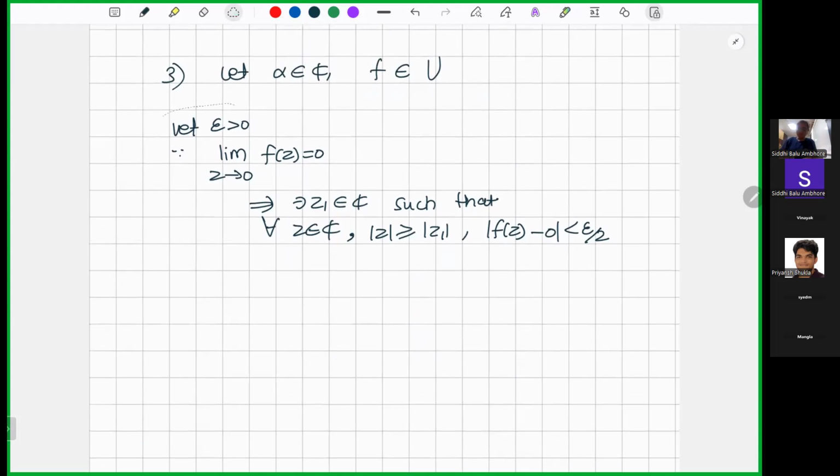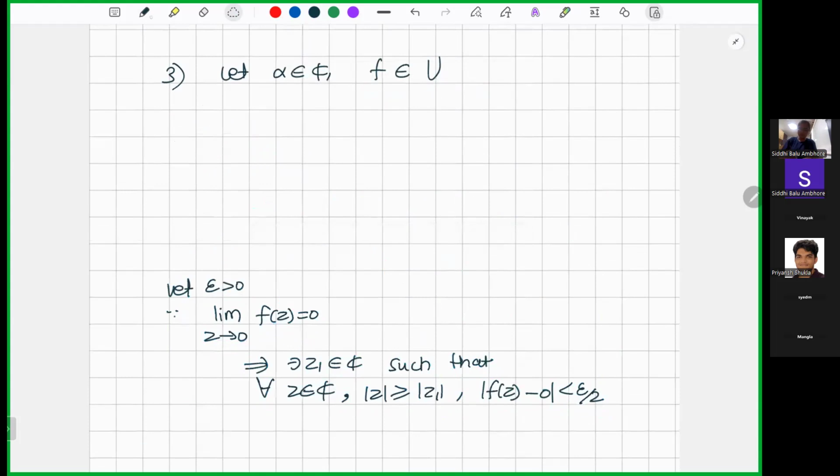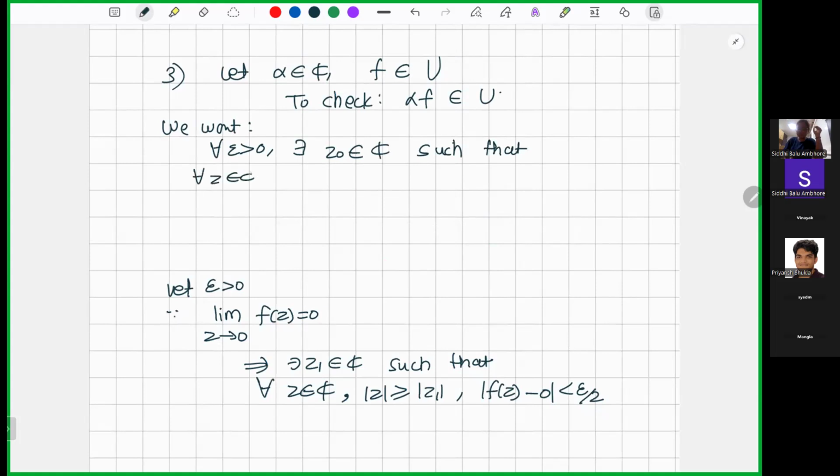So what we want is to check whether this alpha f belongs to U or not. So we want that for all epsilon positive, there exists some z naught in C such that for all z in C with |z| greater than or equal to |z naught|, |alpha f(z) - 0| must be less than epsilon.